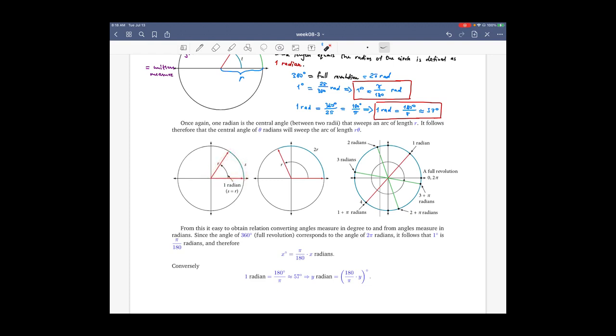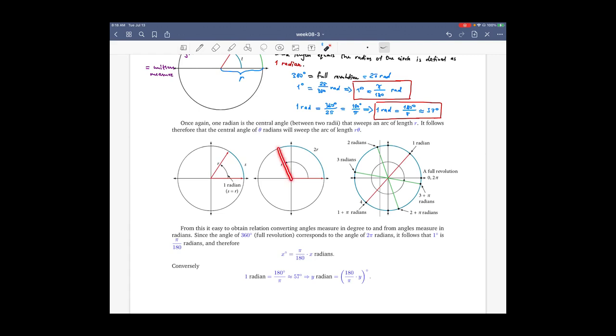That is 1 radian. So an angle of 1 radian subtends an arc of length r. The central angle of theta radians will subtend the arc of length r theta.